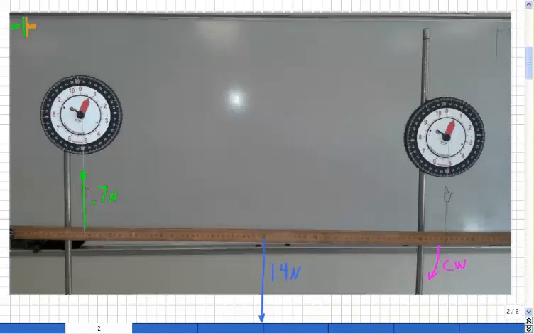So we can say that this 1.4 newtons is causing a torque in the clockwise direction, where the center of rotation is over here at 15 centimeters.